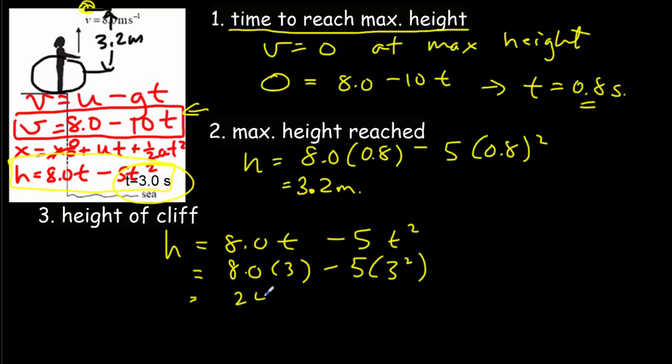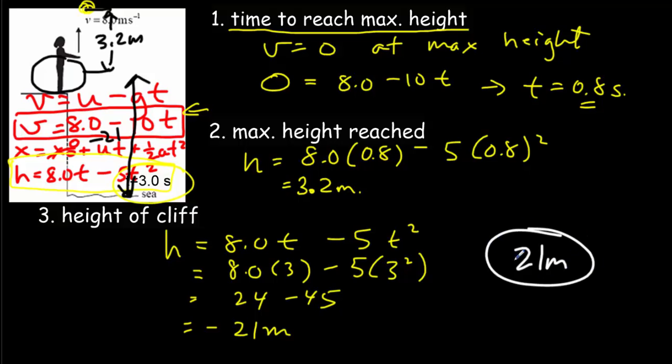Work that out, you get 24 minus 45, which is equal to negative 21 meters. So on our diagram here, what that's saying is that the ball is 21 meters below where it was released. The height is measured from the top of the cliff. So the ball is going to be 21 meters below the cliff when it hits the water. And therefore the height of the cliff has to be 21 meters.